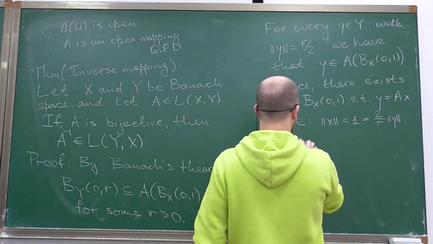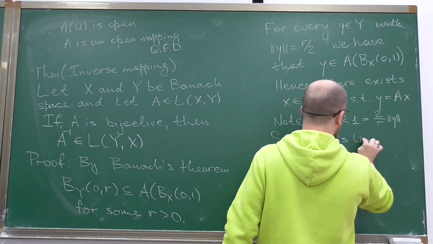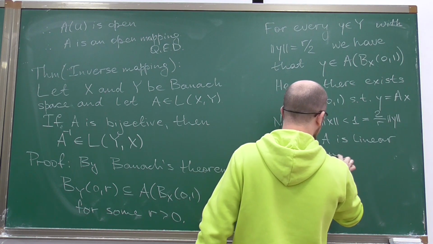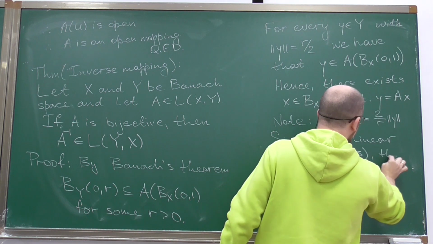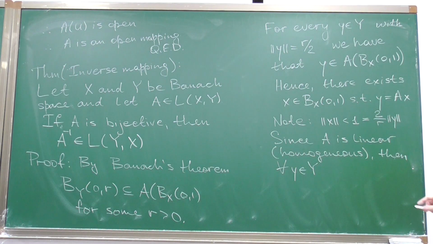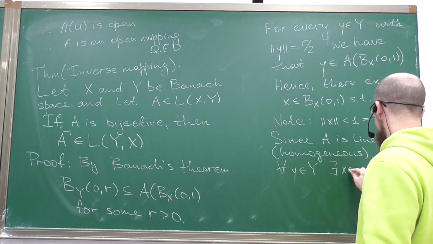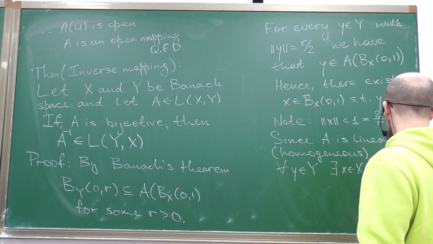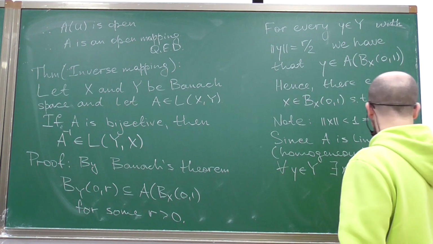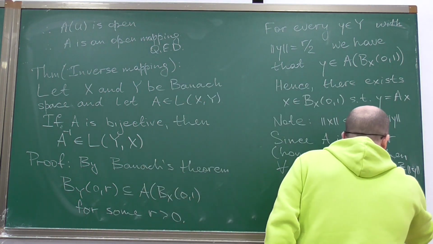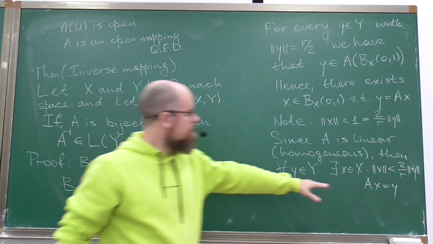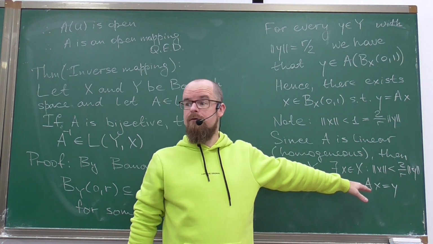So since A is linear, well, in particular homogeneous, then for every y from Y without the restriction on the norm, there exists x from X such that the norm of x is less than 2 over r times the norm of y, and A of x equals y.